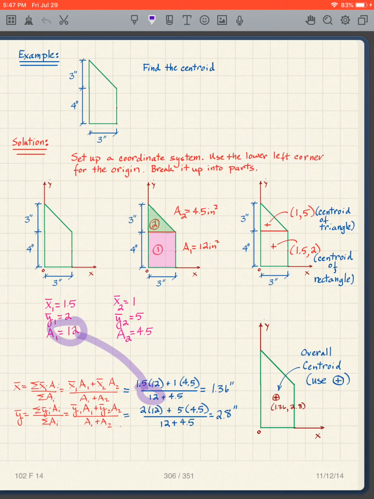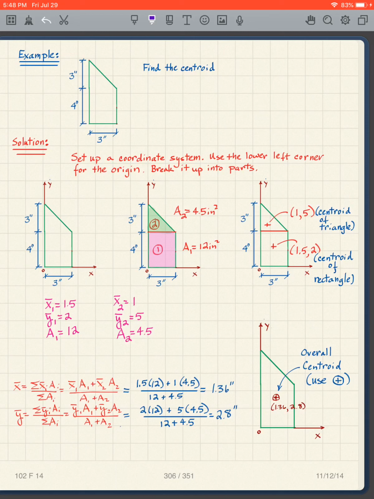It's just a plug-in. It's very simple, and I work it out. It's 1.36 inches. I do the same thing for the y bars. Notice the denominators are the same, A1 plus A2. So once you've done it once, it's not very difficult. And you get 2.8 inches for the bottom one. So that means my x bar is 1.36 inches, and my y bar is 2.8 inches.